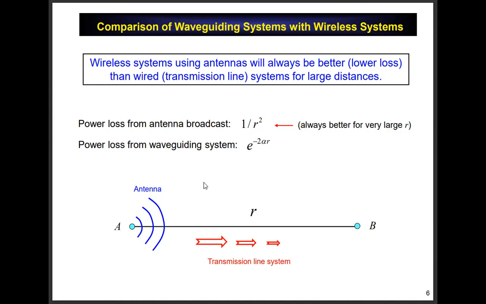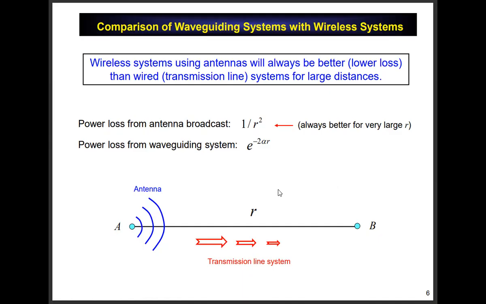So you physically run a cable or line from point A to point B. And of course, the competitor to that is the wireless system, where you have a transmit antenna and a receive antenna, and the waves go through space. Even for TV, with cable TV, you have these competing systems. So let's compare what happens in a wired system using transmission lines and a wireless system using antennas.